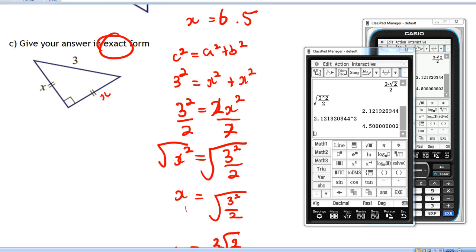So this side length here, when I square it, is approximately 4.5. This side length here, when I square it, is approximately 4.5 because it's the same. And when I square this side length here, 3, I get 9. Well, what's 4.5 plus 4.5? 9. So it basically works.